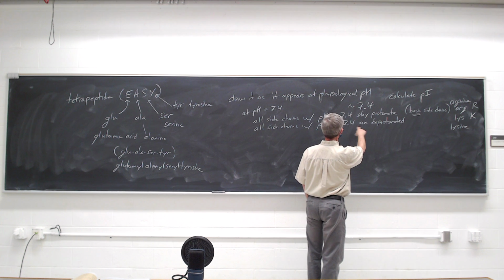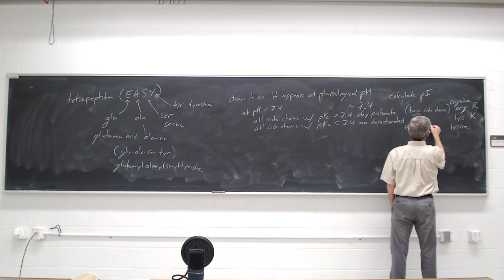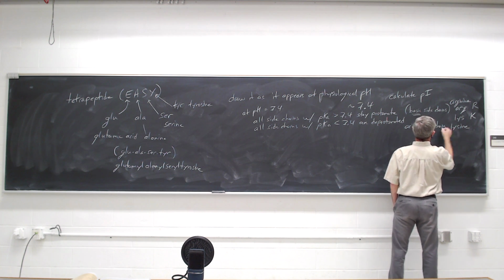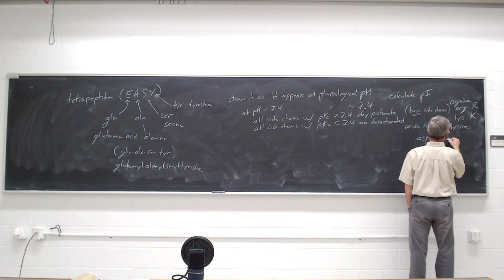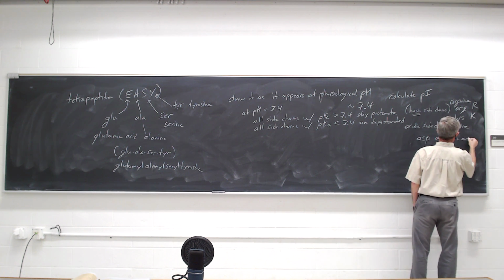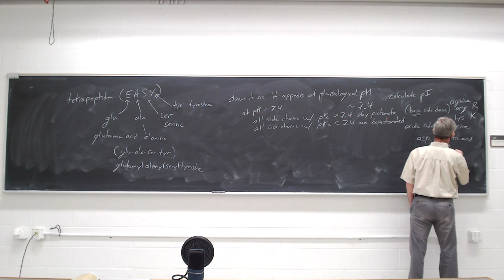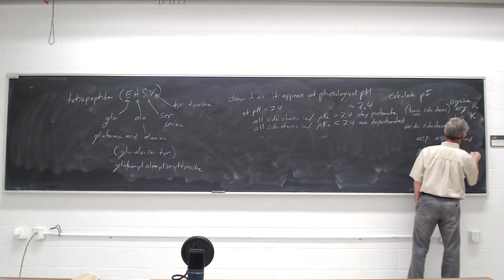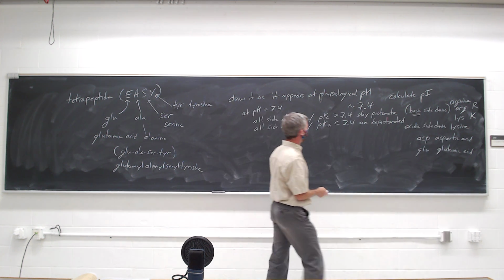And the acidic side chains, and those are aspartic acid and glutamic acid, have carboxylic acids in the functional group. Those are going to be deprotonated.